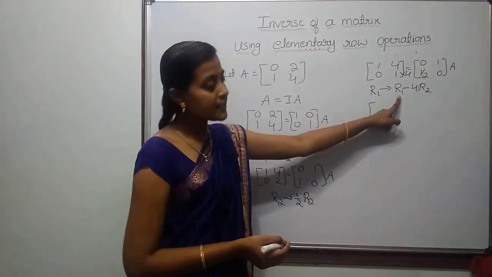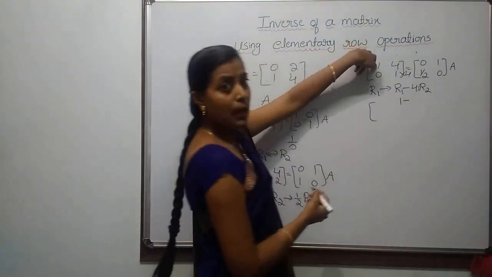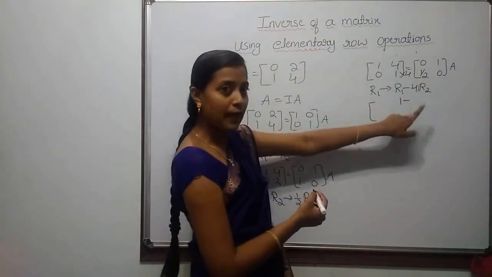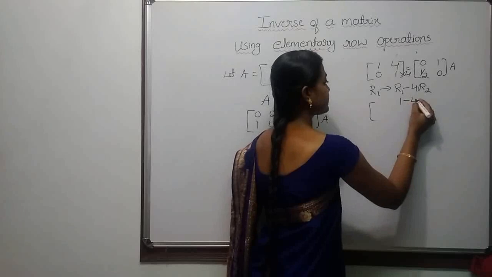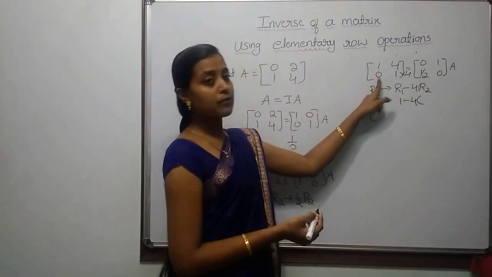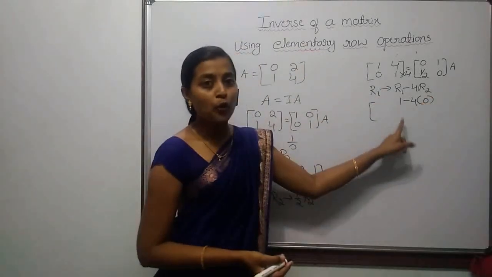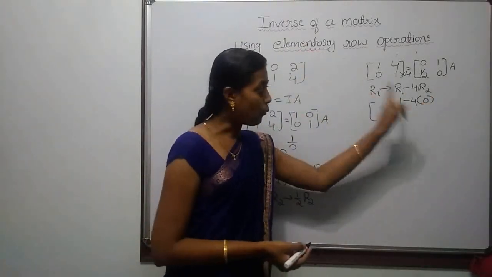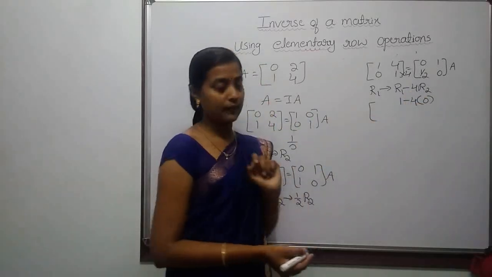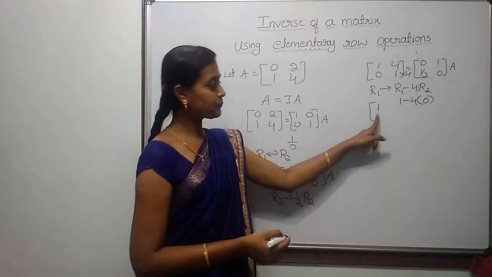R1, the first element of R1 is 1, minus this 4 as it is, into R2, the first element of R2 is 0. 4 into 0 is 0, 1 minus 0 is 1. I have written the element 1 here.